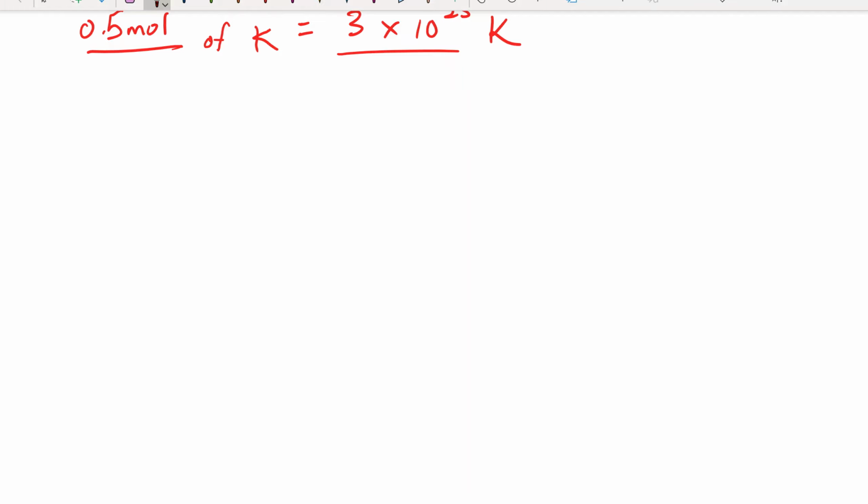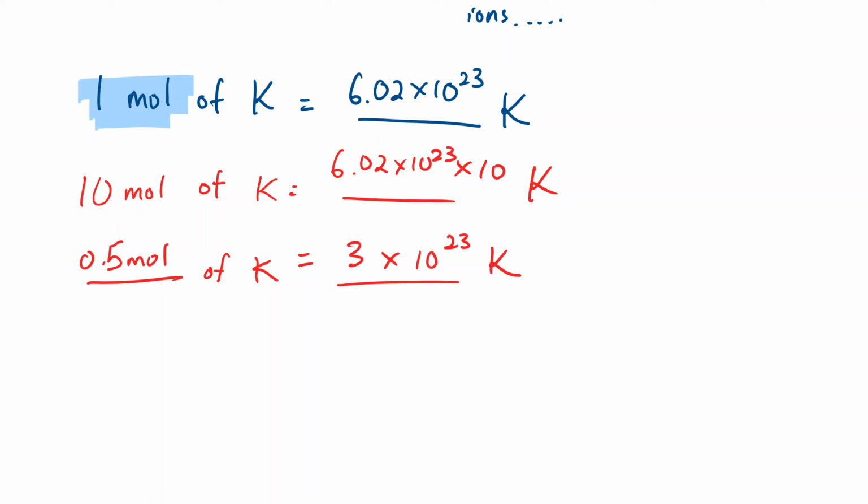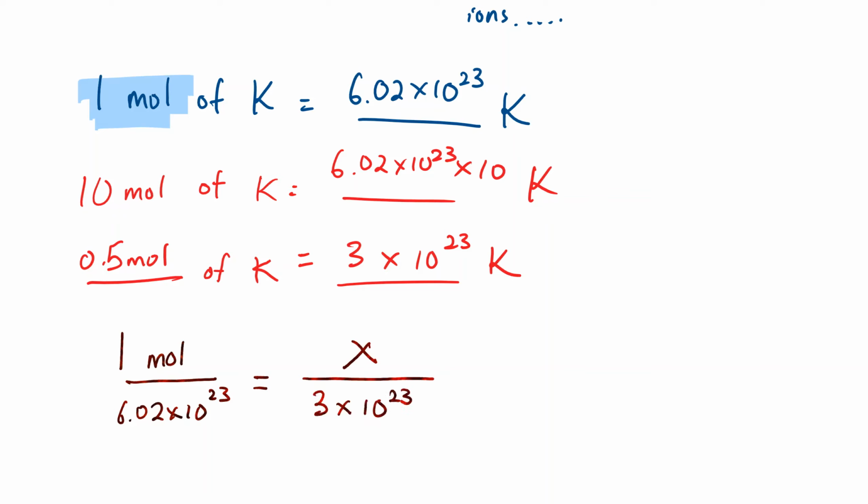Yes. How do you get 0.5? Because you know that 1 mole is 6.02 times 10 to the 23, right? So you just write like this: 1 mole over 6.02 times 10 to the 23 is equal to, I don't know the number of moles, so I put it as x. How many particles is given? 3 times 10 to the 23.